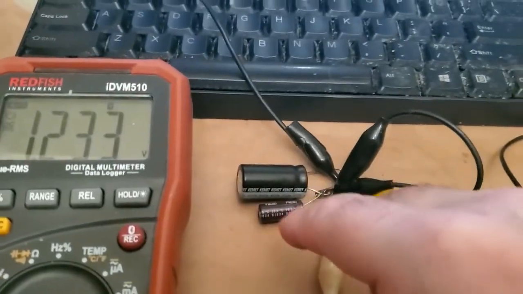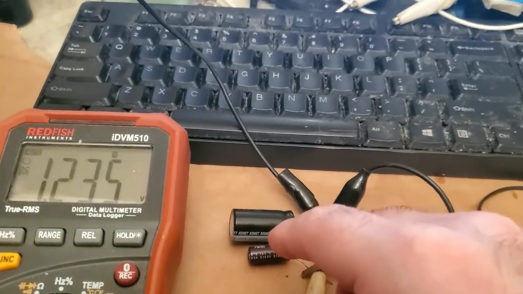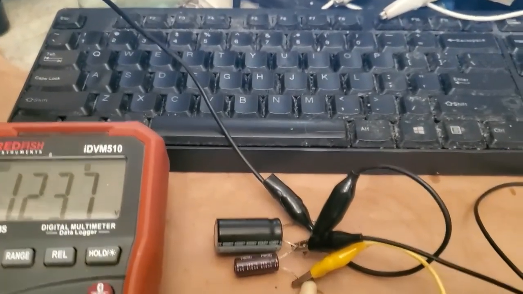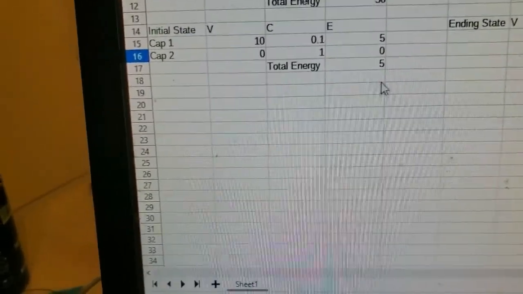And you thought it was simple, just discharging one cap to another without anything else. Maybe I did, maybe you didn't. So, all right, let's put this in. I haven't done it yet.